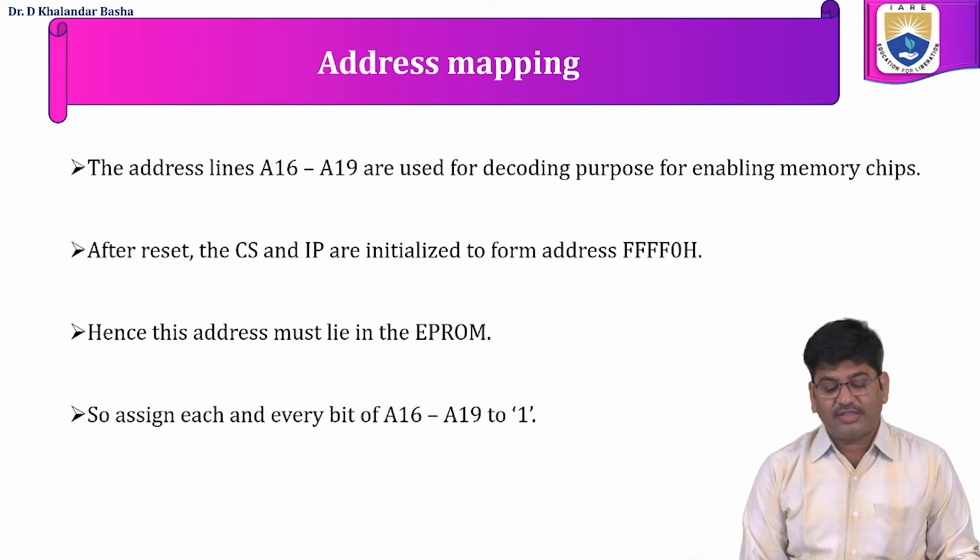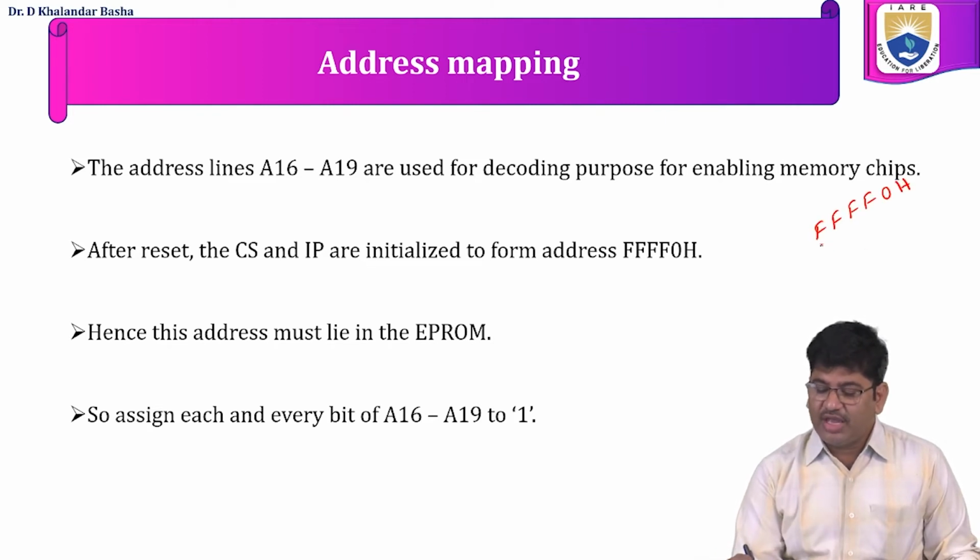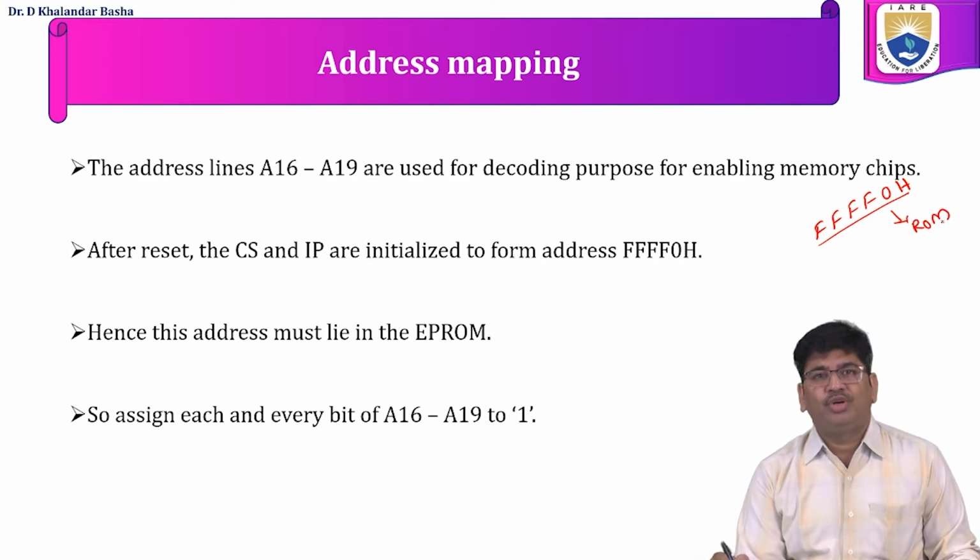So out of the address lines, A16 to A19 are used for decoding purposes for enabling the memory chips. After reset or power on, the CS and IP are initialized to the address FFFF0H. As this is the initialized memory location whenever a system is started, we want to assign this location to ROM, as bootable programs are stored in ROM.